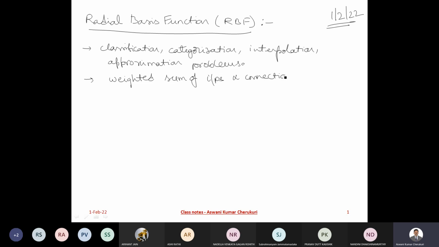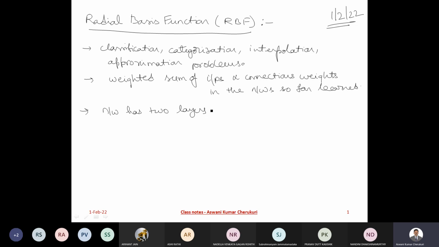That is how the activation is getting propagated in the networks that we have learned so far. But the RBF network uses a somewhat different approach. Essentially, the network has two layers.